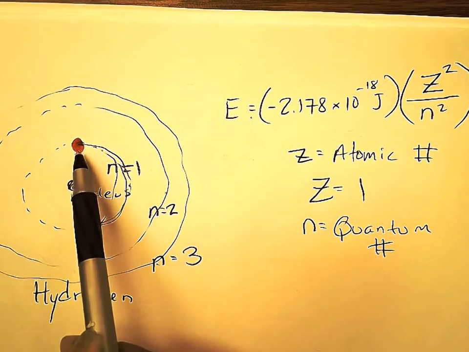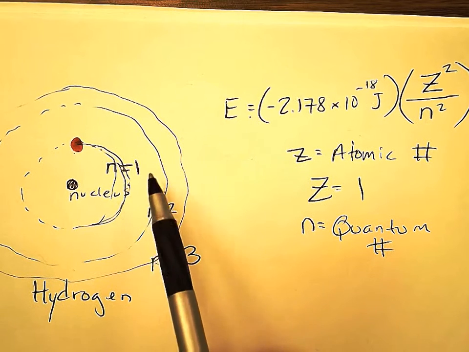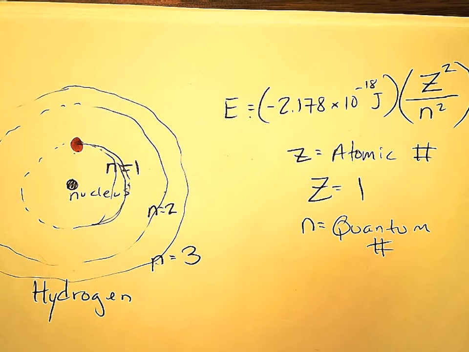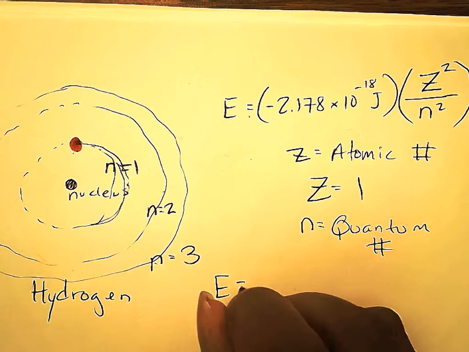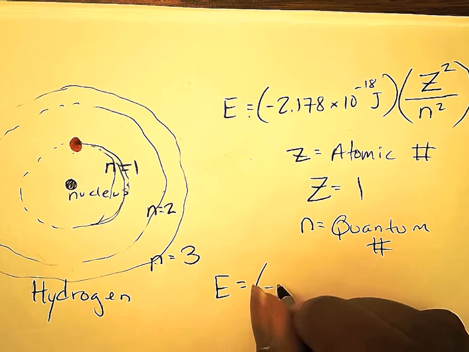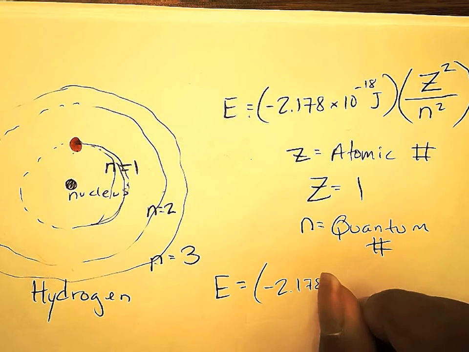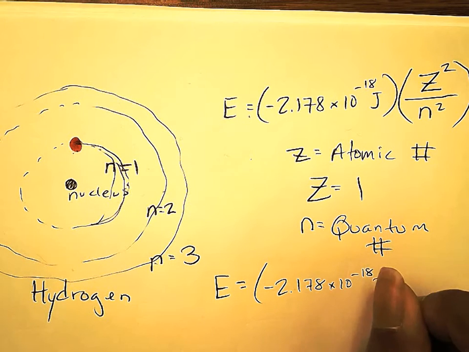So if I am an electron living on the first ring, that's N equals 1, how much energy do I need to live there? We just plug in everything. E equals negative 2.178 times 10 to the negative 18th joules.